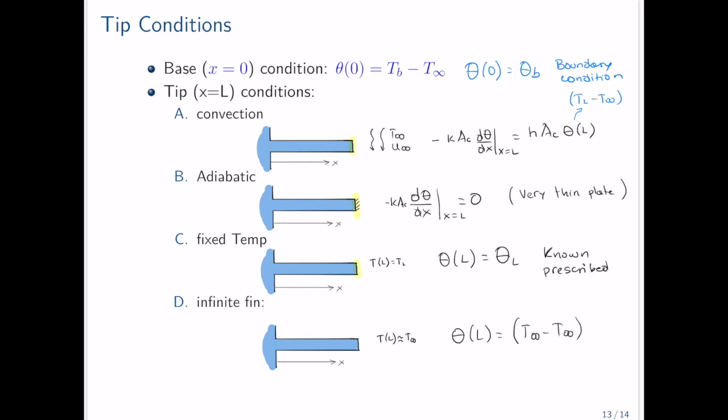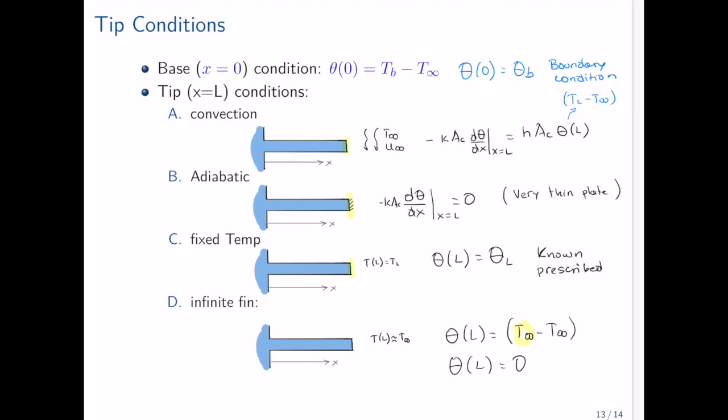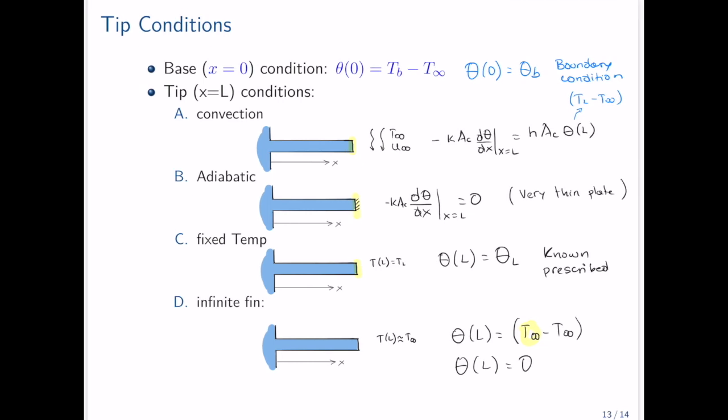We're assuming that the temperature T L is equal to T infinity. So that's going to give us that theta of L is equal to 0. Okay. So depending on these boundary conditions, we can solve the differential equation.